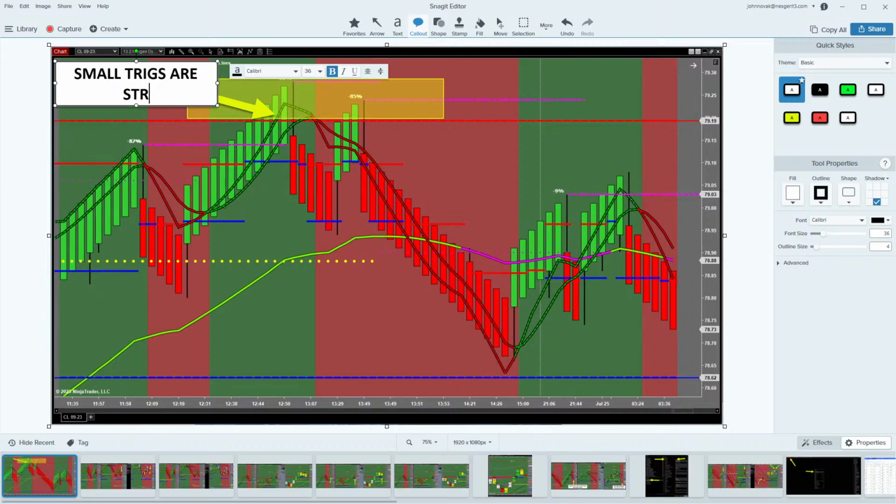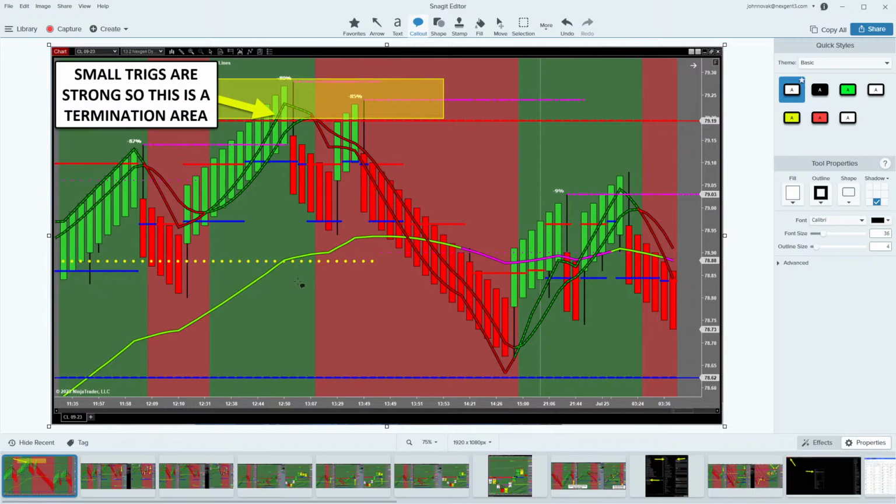So we don't know. This is the easier way to put it. You guys understand this? When we reach an area, we say, okay, it's a termination area. And because of the area itself, we're not going to do any more trades.